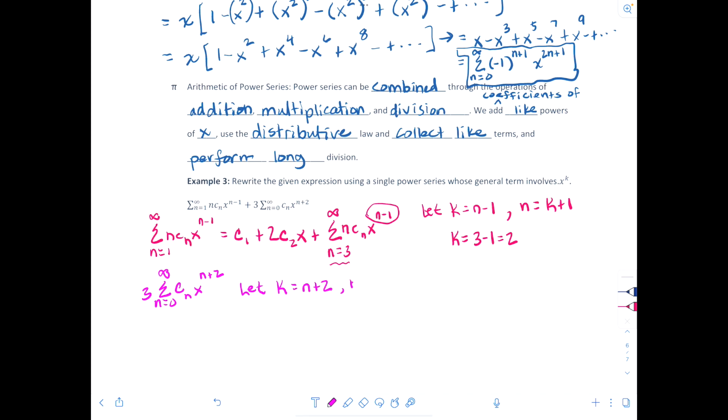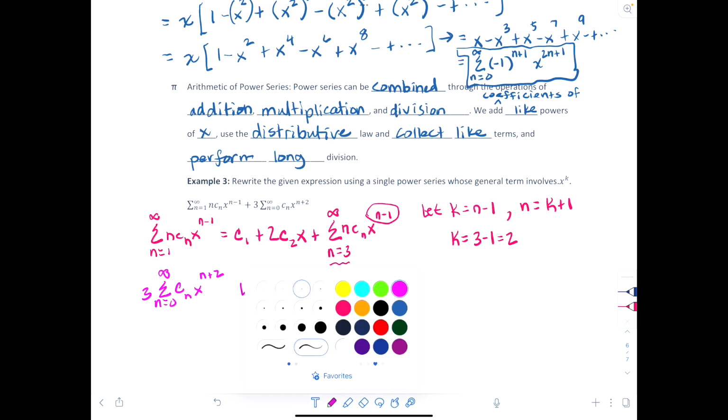And so that means that n would equal to k minus 2. Good so far? Now the limit of that summation starts when n is 0. So k equal to 0 plus 2 equal to 2. Bingo! Both of the k's start at 2. So I can combine them.